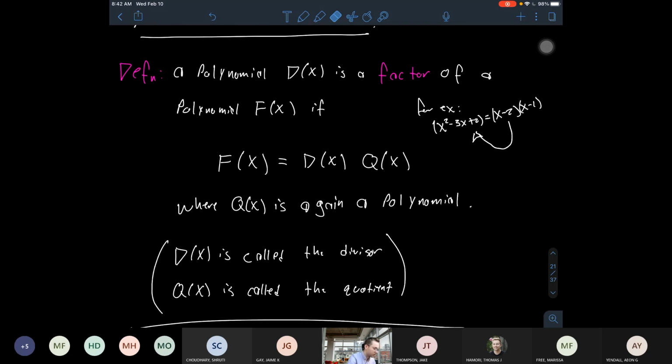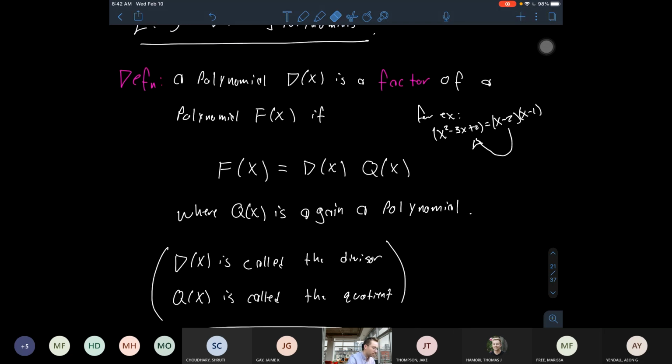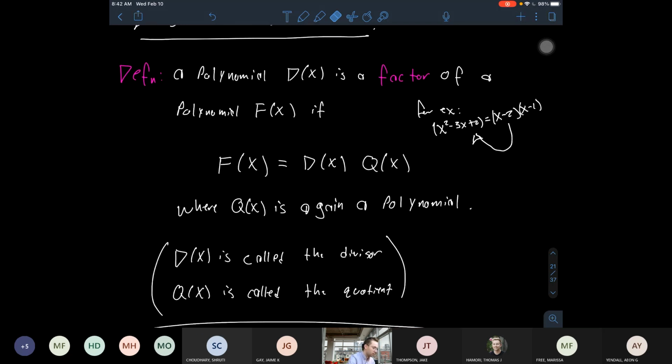This down at the bottom is just saying, why do we use these letters d and q? Well, we call d the divisor and we call q the quotient. Because if we were to rearrange this equation here, we could divide both sides by d and we would get f of x divided by d of x is equal to q of x.